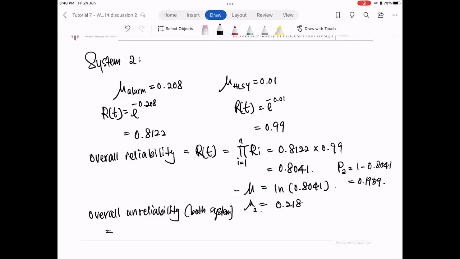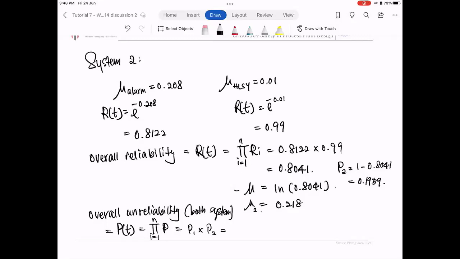Okay, so overall unreliability in this case is PT, the product from i equals 1 to n of P, meaning P1 times P2 here.